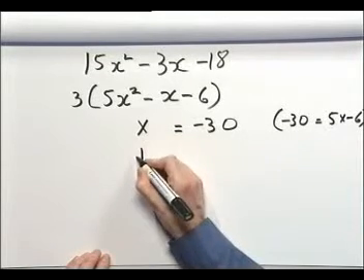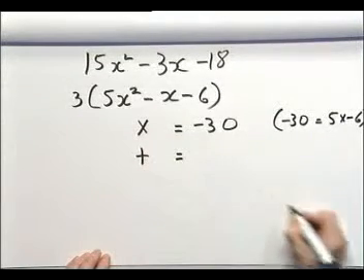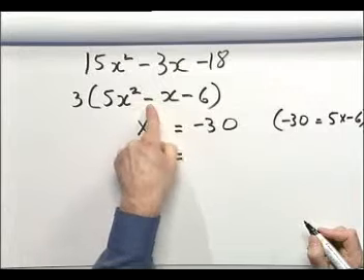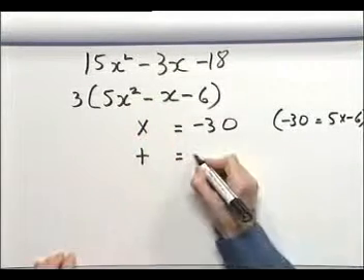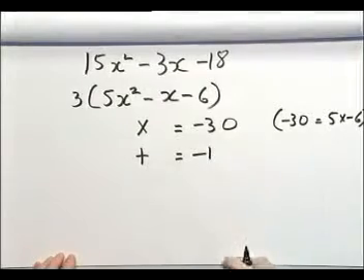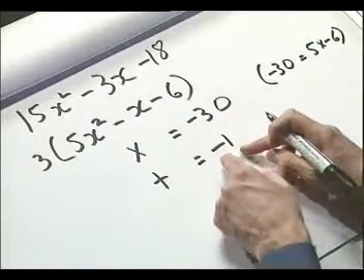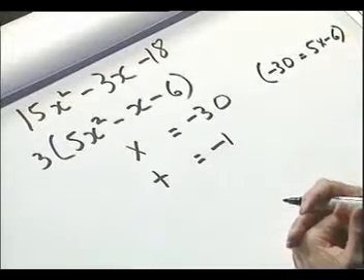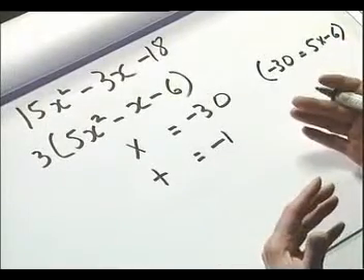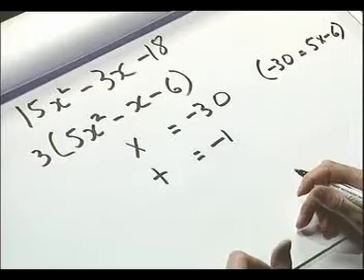And I'm looking for two numbers that will add together to give me, now here, the number that's multiplying the x is minus 1. So, I want two numbers to multiply together to give me minus 30 and add together to give me minus 1. Well, 5 and 6 seem like obvious choices because they've got a difference of 1 and they multiply together to give 30.